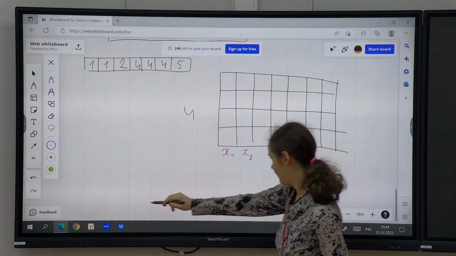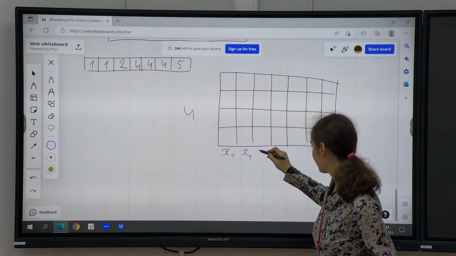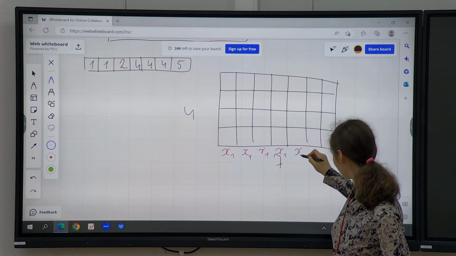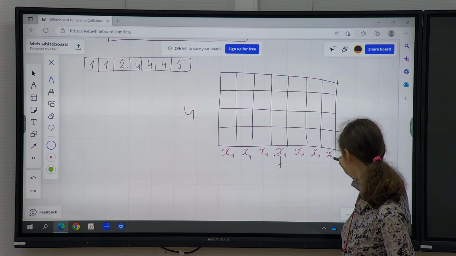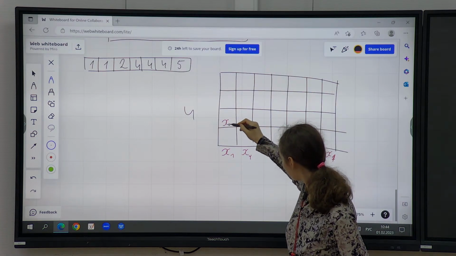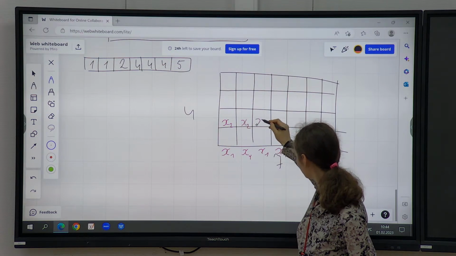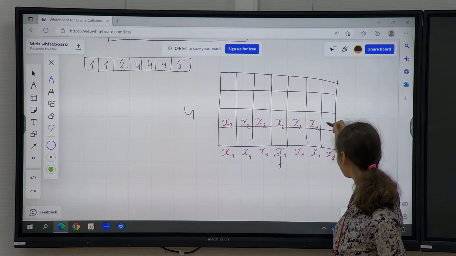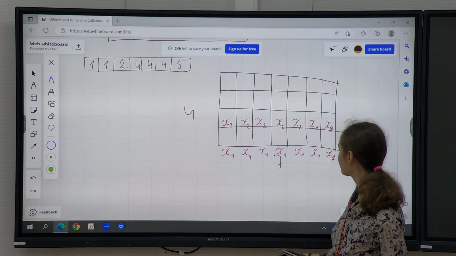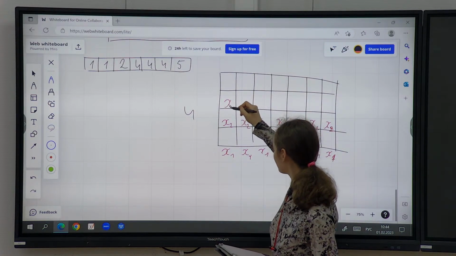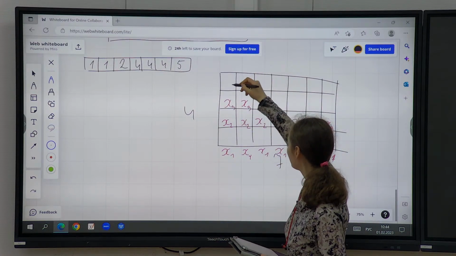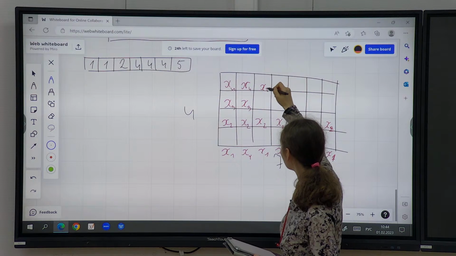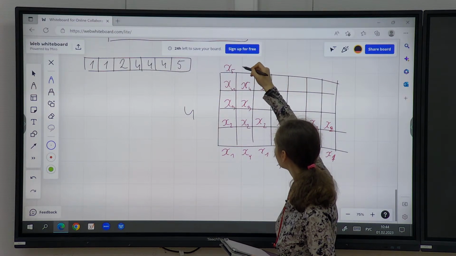I will place x1 on the first floor, x2 on the second floor, x3, voila, x4 on the fourth floor, and x5 on the roof.